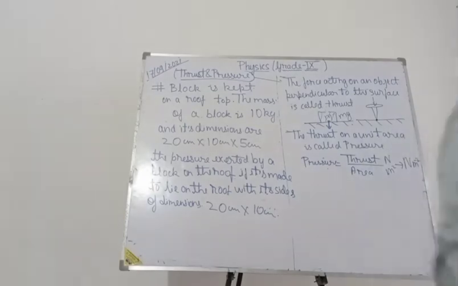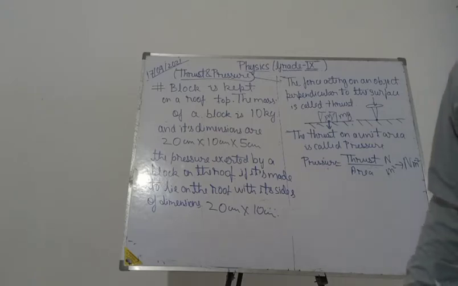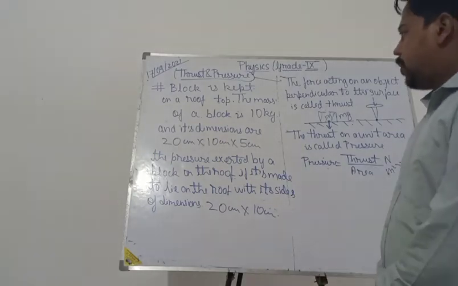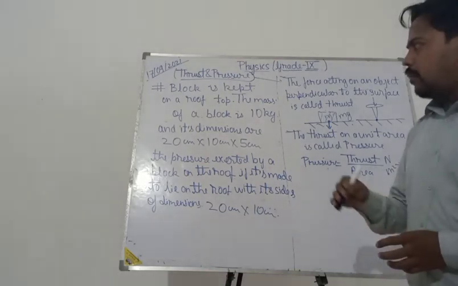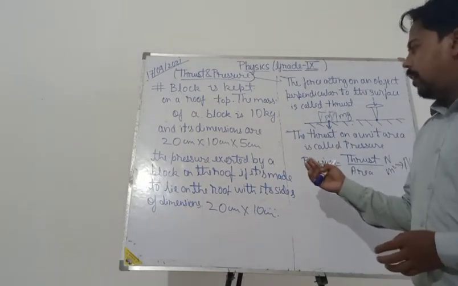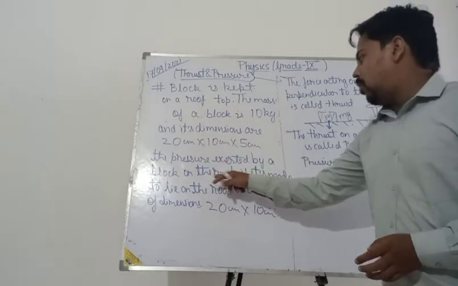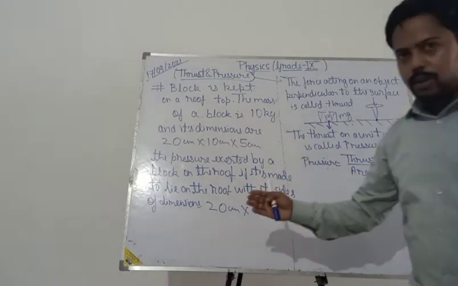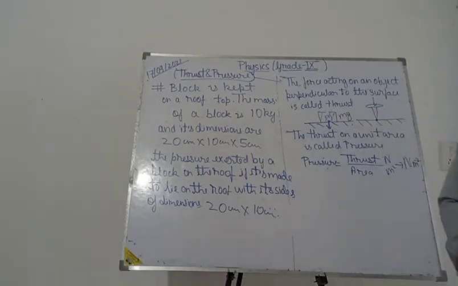So what do we have to calculate? We have to calculate the pressure in this case. Before calculating the pressure exerted by the block on the roof: pressure is thrust upon area.